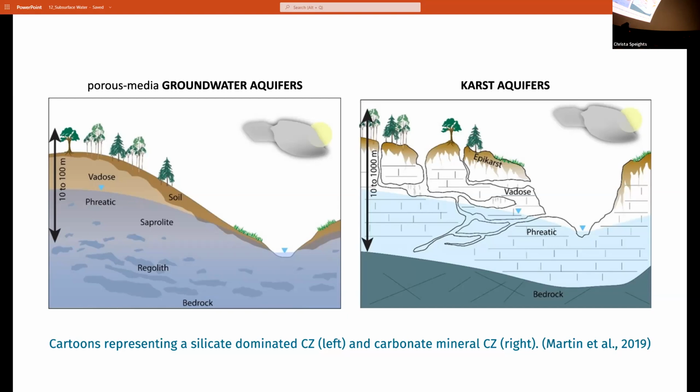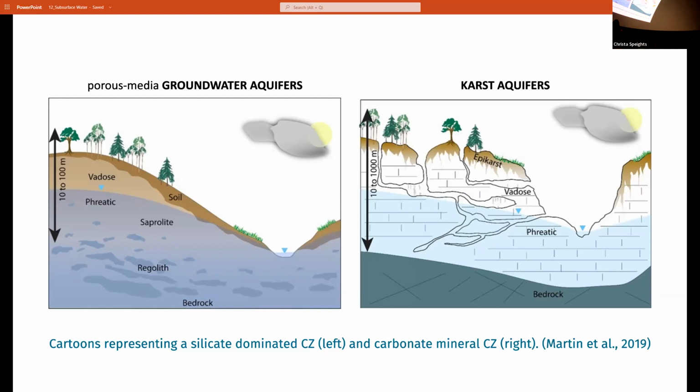And so the water that's here is not evenly spread out. It's heterogeneous. It moves very quickly through the caves and larger pore spaces, and there's not as much water, and it doesn't move very quickly through the rock outside of those zones.